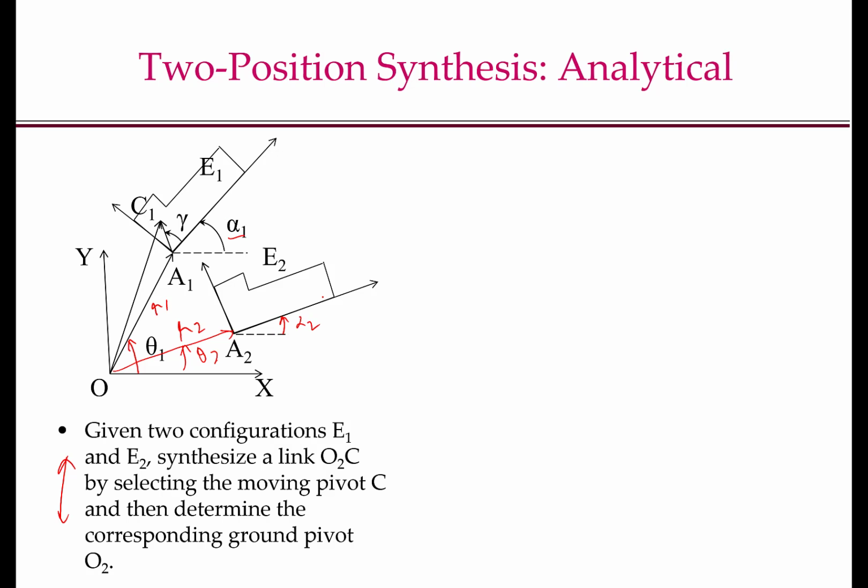We want to select the moving pivot C and then determine the corresponding ground pivot O2.